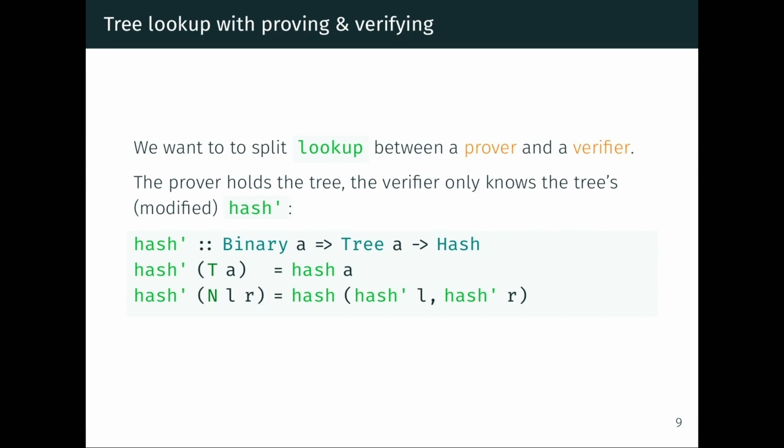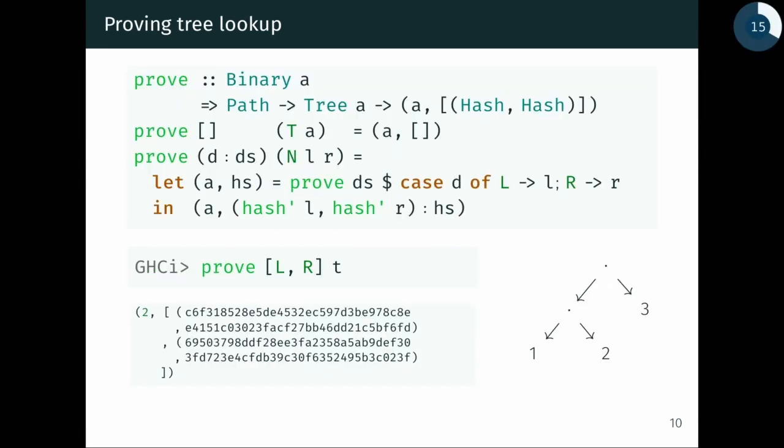And if it's an internal node, we take the hash prime of the left child and the hash prime of the right child, form the pair, and hash that pair. And with those definitions, first on the prover side, so now we again get a path and a tree, and we produce the answer, but we also, yeah?